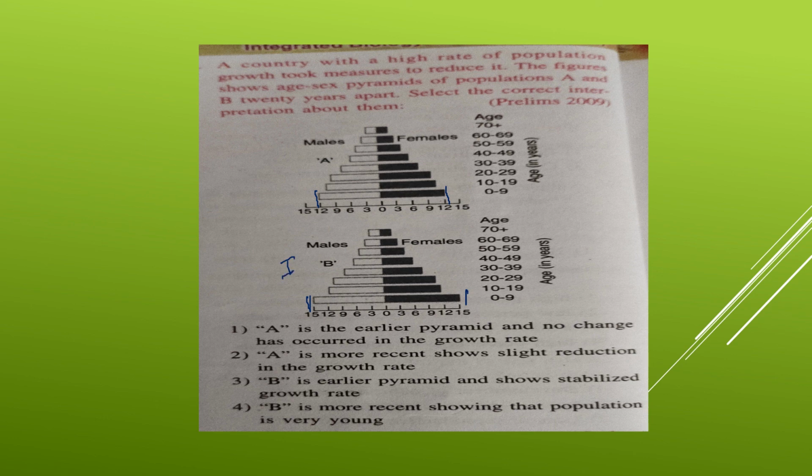This country has taken population measures in order to control the population. Thereafter, in 20 years the population has slightly decreased. So here A is the most recent one, which shows the slight reduction of the population from that of B. So this option is the correct one.